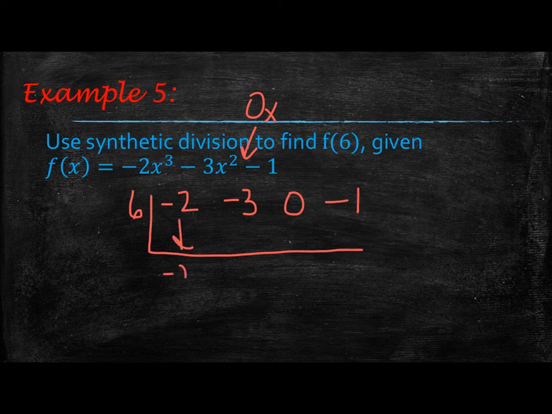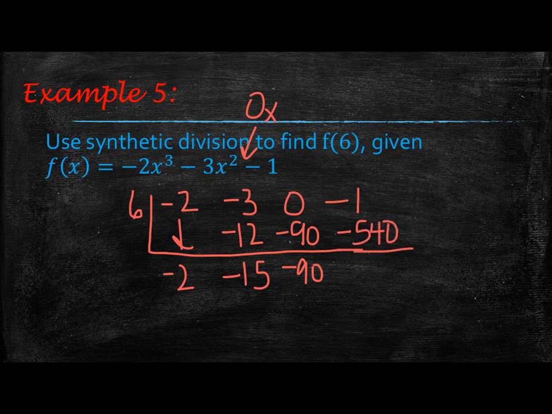Bring down the -2, so that'll give you -12. That would give you -15. That would give you -90. And that would give us -540, which would give you -541.